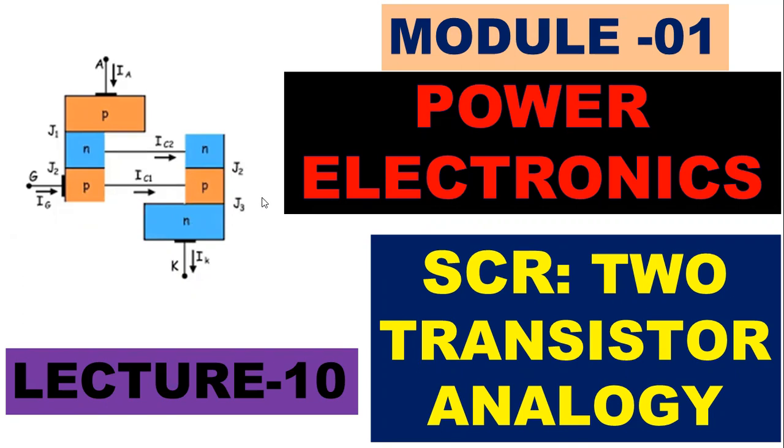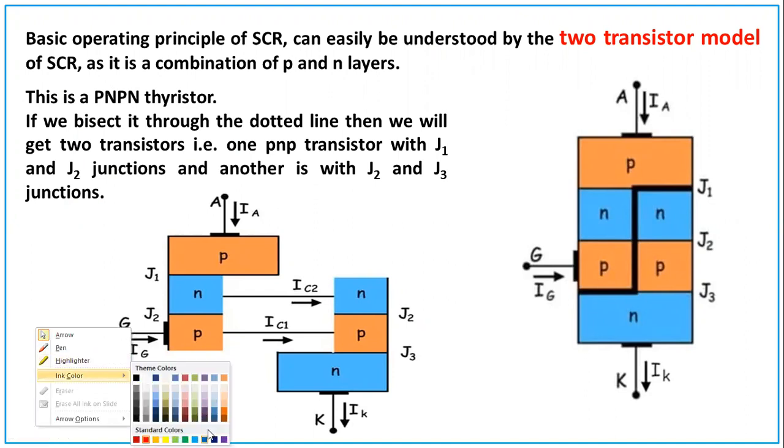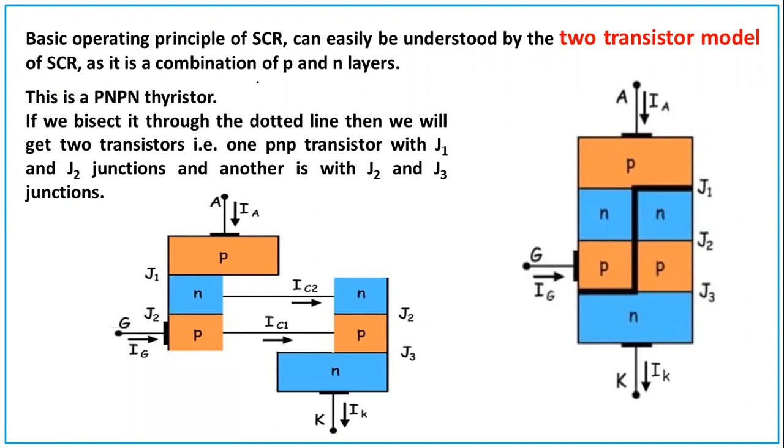Listen very carefully. So we can see that the basic principle of SCR can be understood by a two transistor model, or we say a two transistor analogy. It is a combination of PNPN layers.